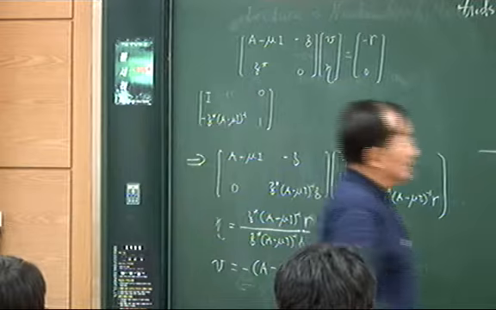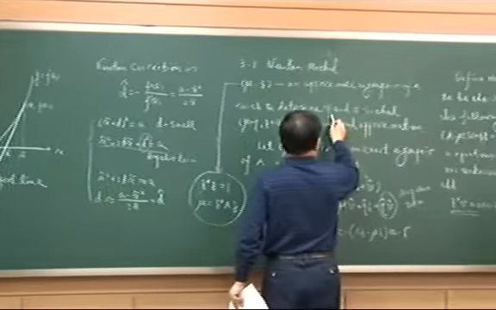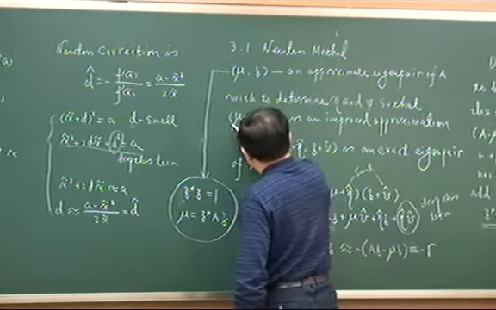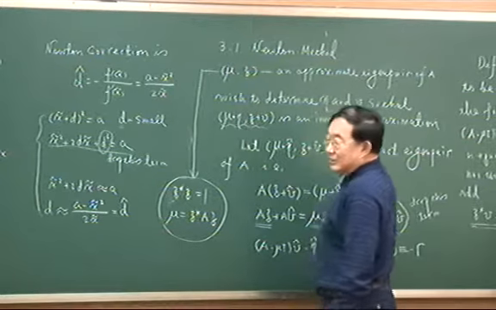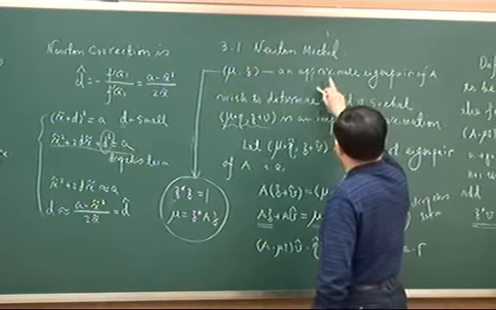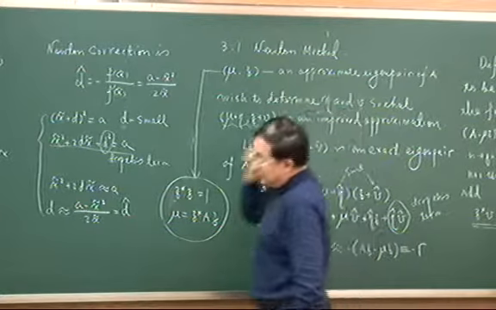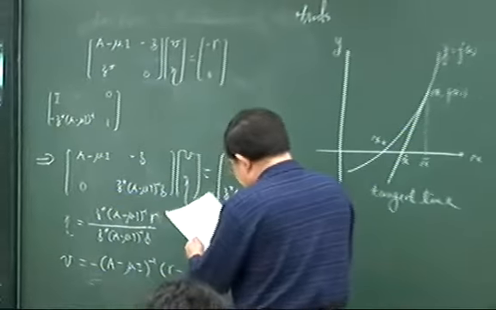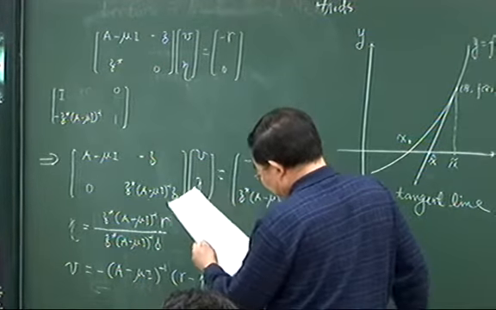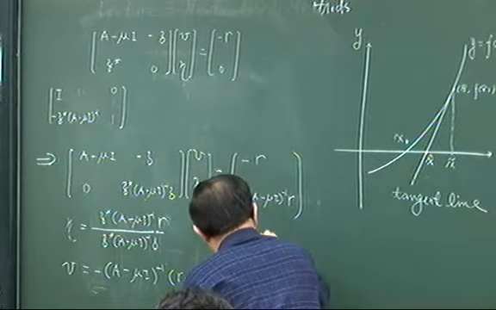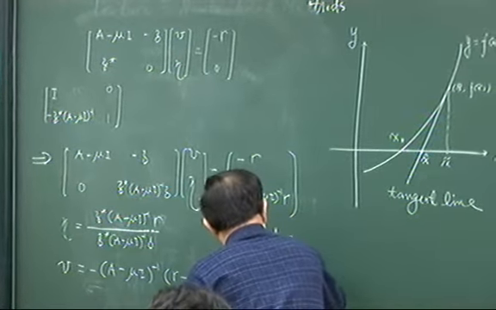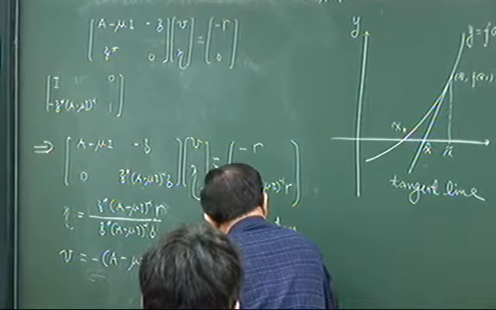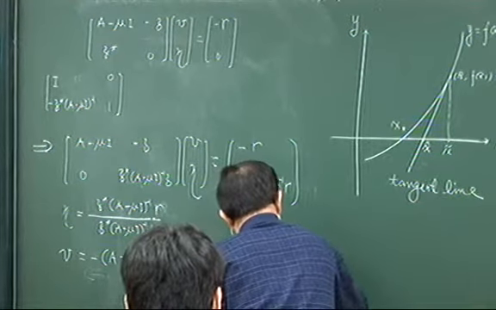We get these two: η is scalar, y is vector. In general this is better at approaching the eigenvalue than this one. This is a Newton method. So this is what we call the Newton correction formula.